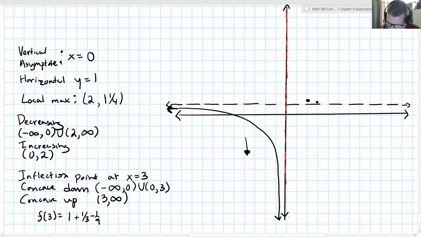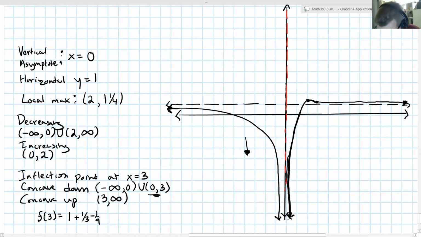And in fact, what that means is we've got increasing up to 2, and we have this vertical asymptote here. We're increasing up to 2, yet concave down. We'll still continue to be concave down as we come around the 2. But then on the other side of 3, we're going to go concave up, and we're going to start pushing towards the horizontal asymptote.